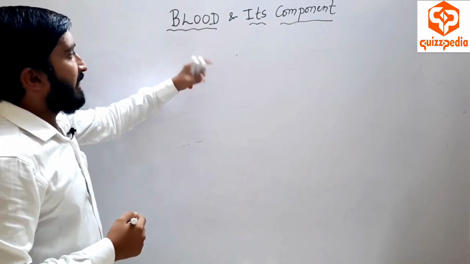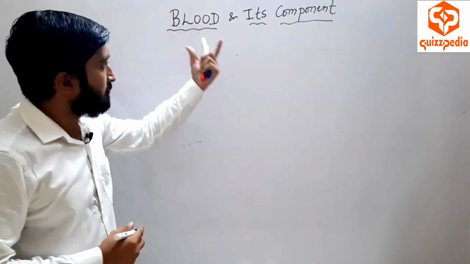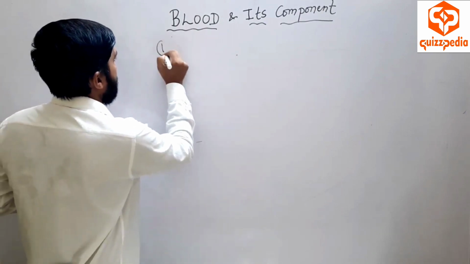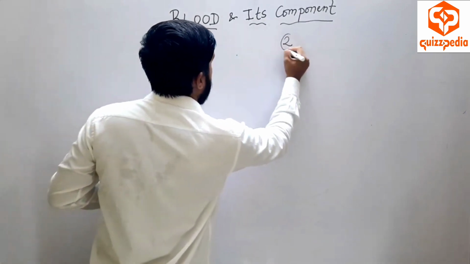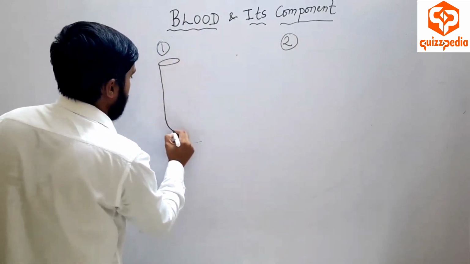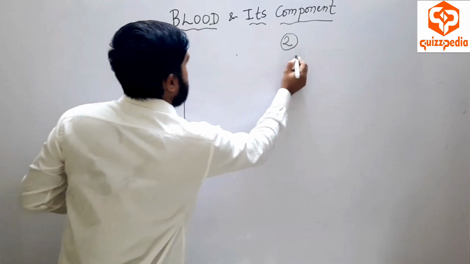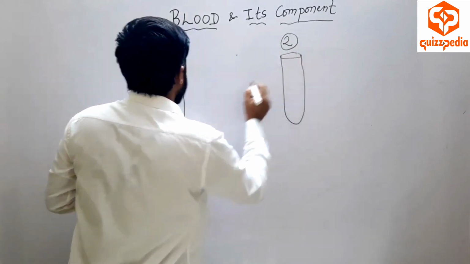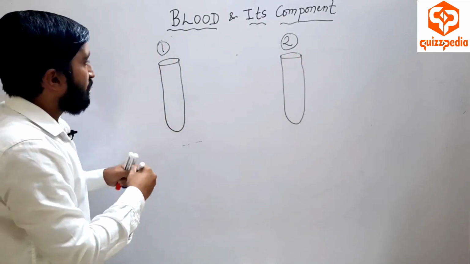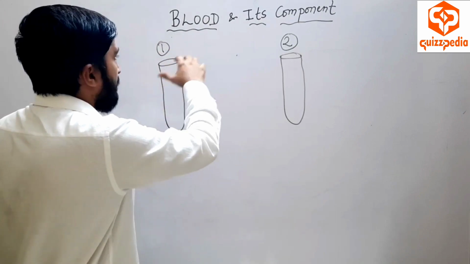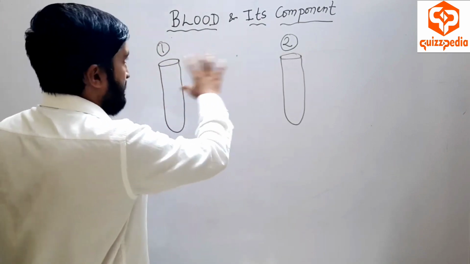Now I will make you understand by taking 2 test tubes. So this is test tube 1 and this is test tube 2. First we take an equal amount of fresh blood sample of an animal and add it into these 2 test tubes.